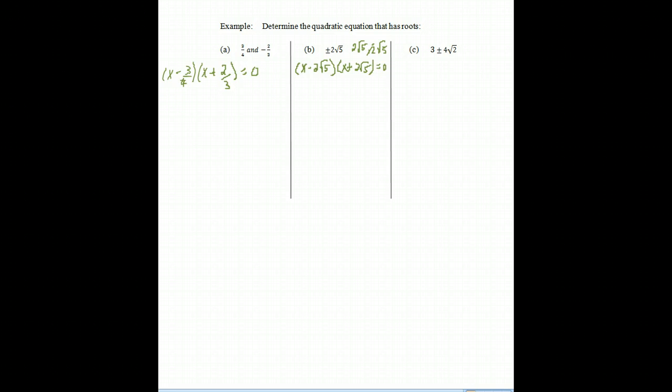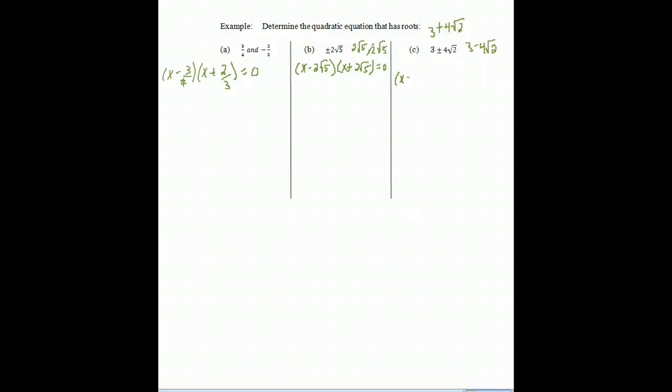And the last one, you have 3 plus 4 root 2 and 3 minus 4 root 2. When there are two terms like this in a root, you have to switch the values of both terms.